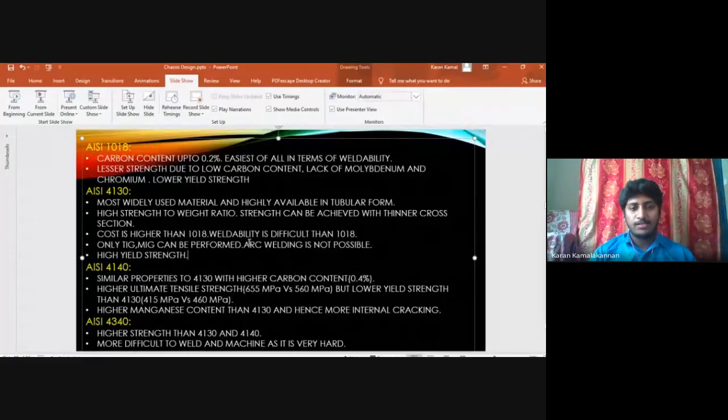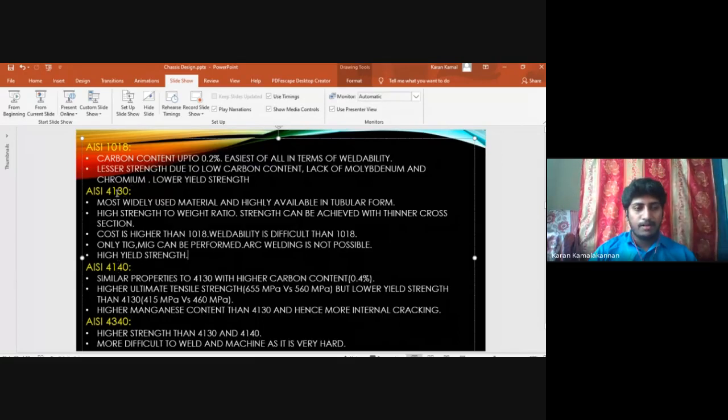Arc welding is possible, but difficult, and only a very experienced welder can do it. We have to compromise on strength there, so that is a problem. But it has a high yield strength, around 460 megapascal.